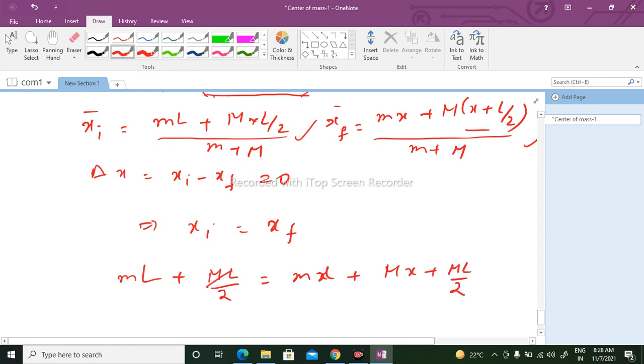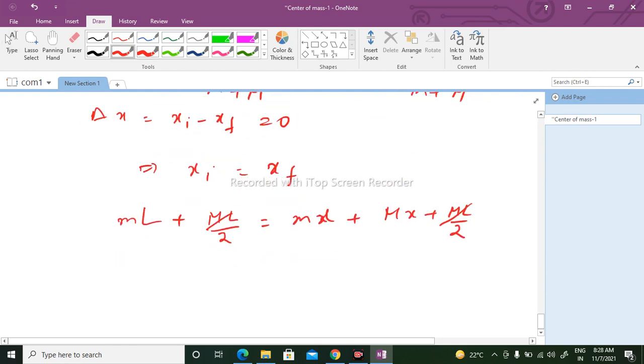So here ML by 2 is cancelled, and we are calculating x. So x, if you calculate, you get mL by M plus m. So this is the formula. The distance moved by the boat is the man's mass multiplied by the length divided by the total mass of the system.